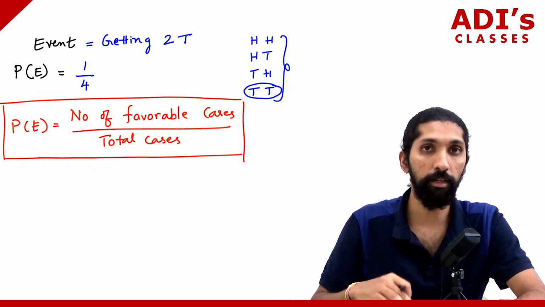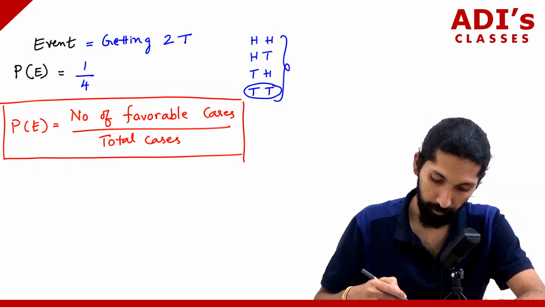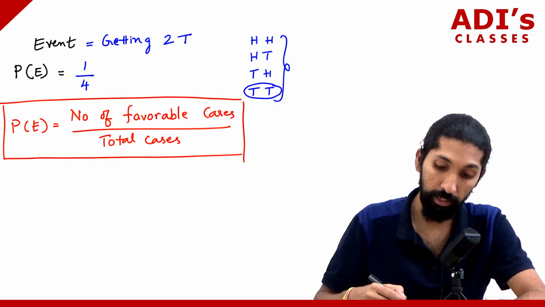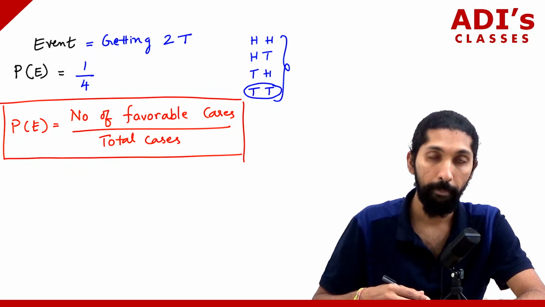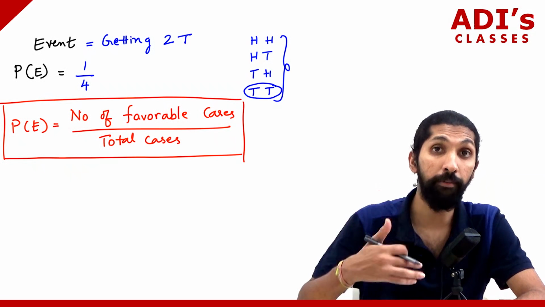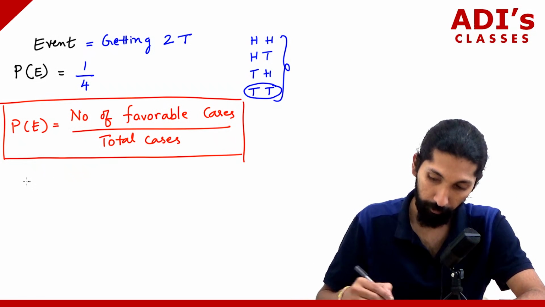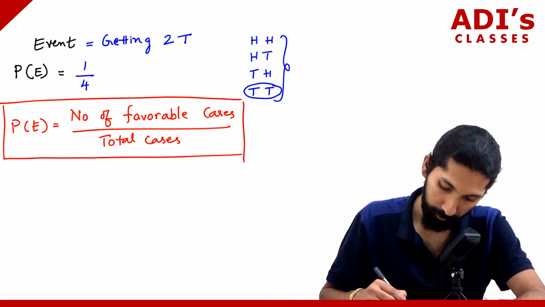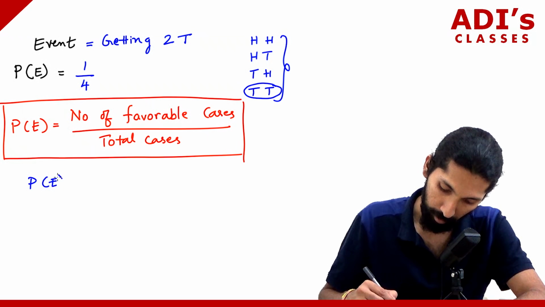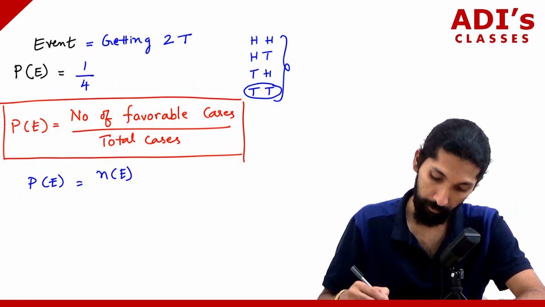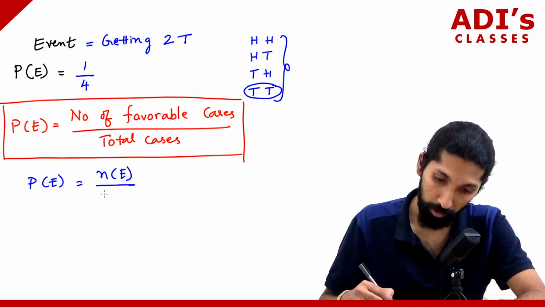Now, mathematically, if we need to write it, the number of favorable cases means the number of times the event is occurring. So we can write P of E is equal to N of E, the number of times the event is occurring, divided by the total number of cases.